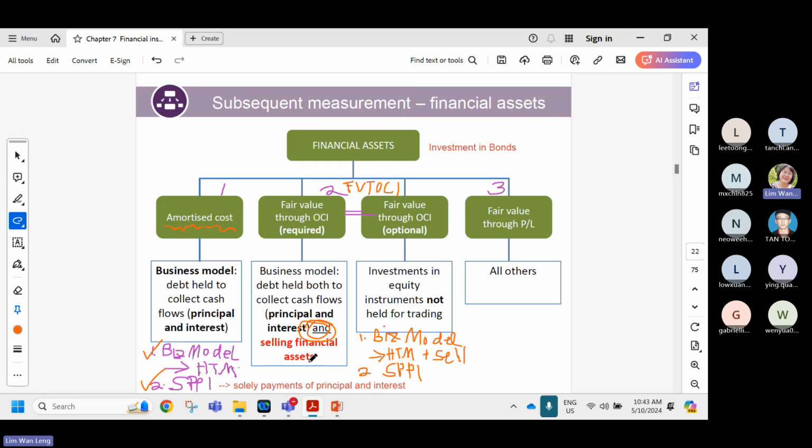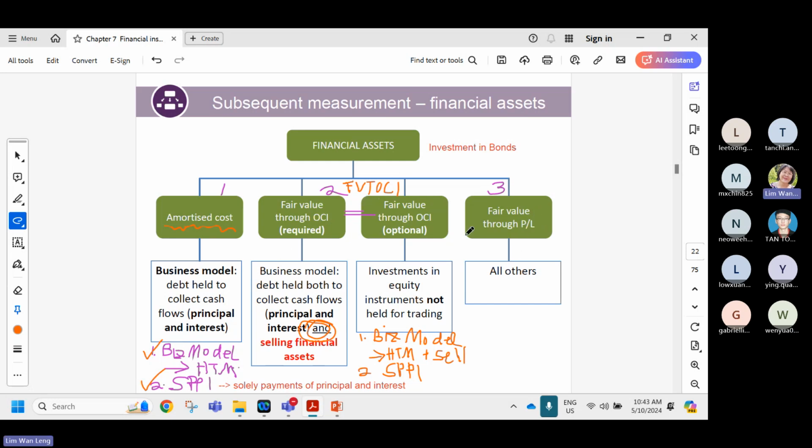So this is more elaborate. They say, we don't mind holding the financial asset to maturity, but let's say at the end of the second year, we find that the price has gone up so much, it's very good. We are going to sell off. That is the fair value through the OCI characteristics.